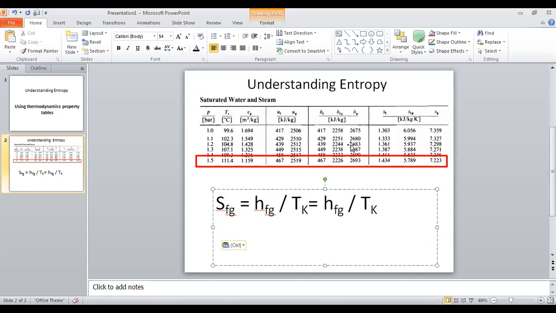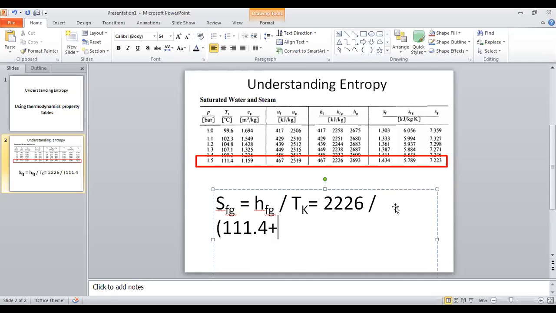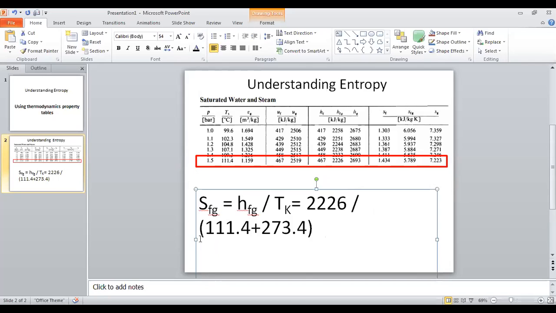HFG value here is 2226 kilojoule per kilogram divided by temperature in kelvins. So what is that? Temperature is 111.4 plus 273.4. So this is SFG.